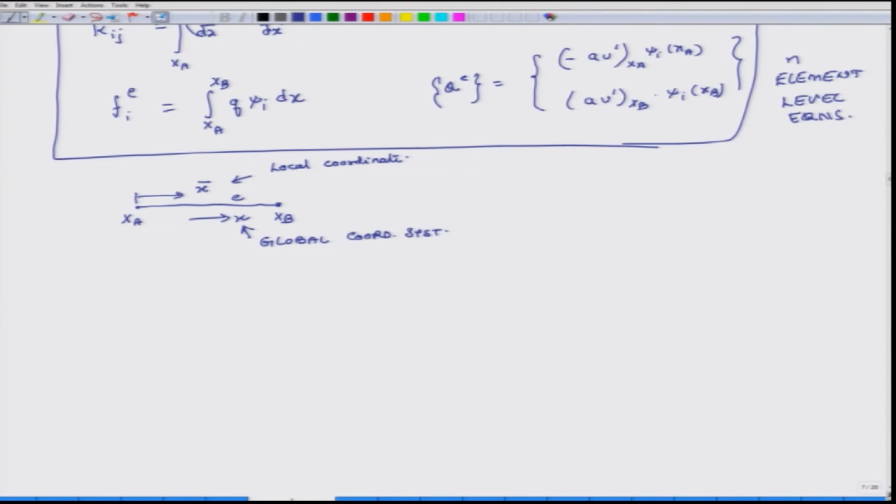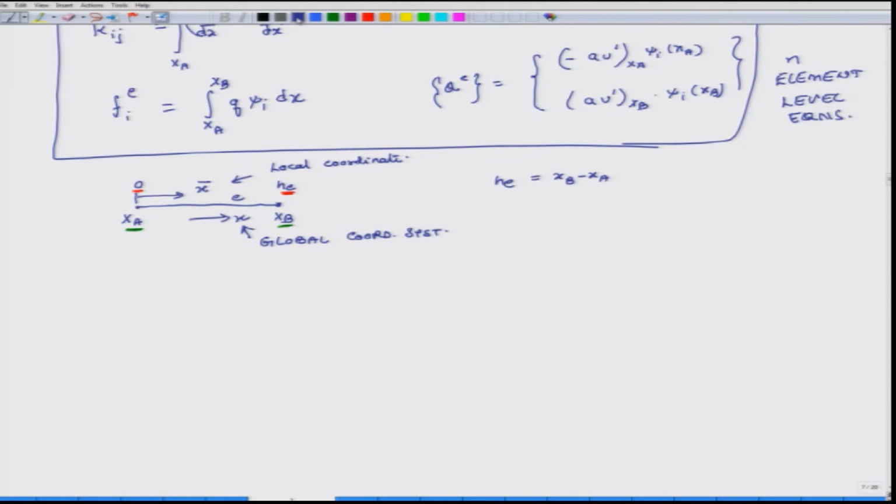So, in this local coordinate system, at x a the value of x bar is 0 and at x b the value of x bar is h e. So, these are the local coordinates and these are global coordinates, and h e is equal to x b minus x a.